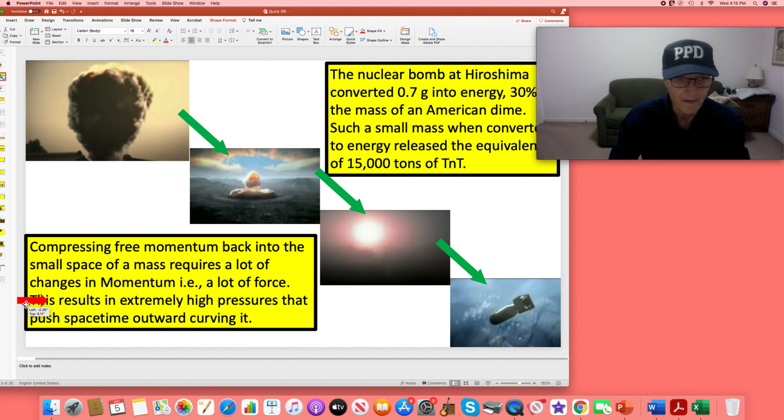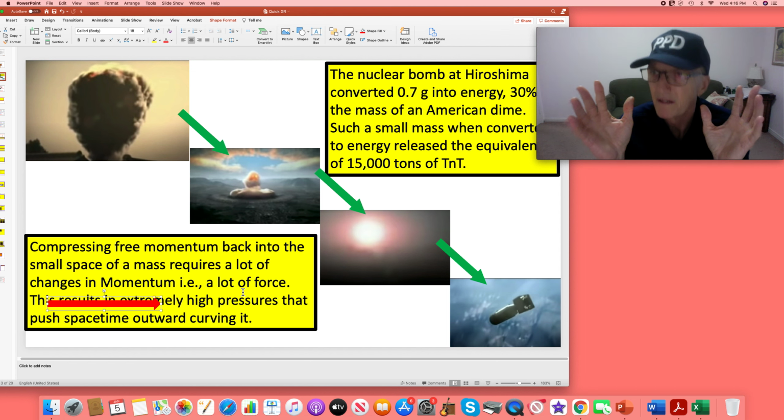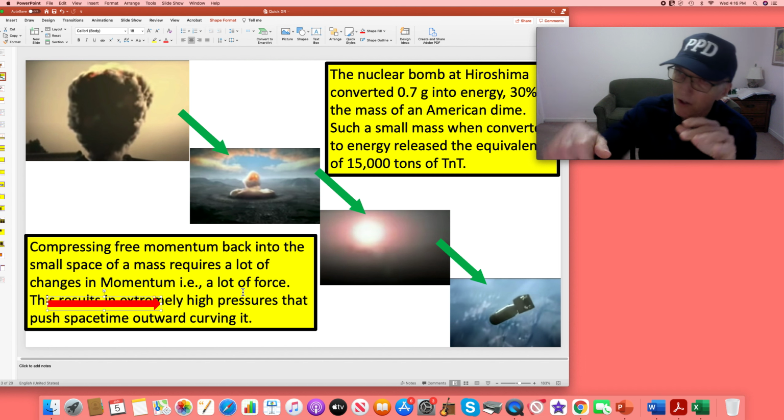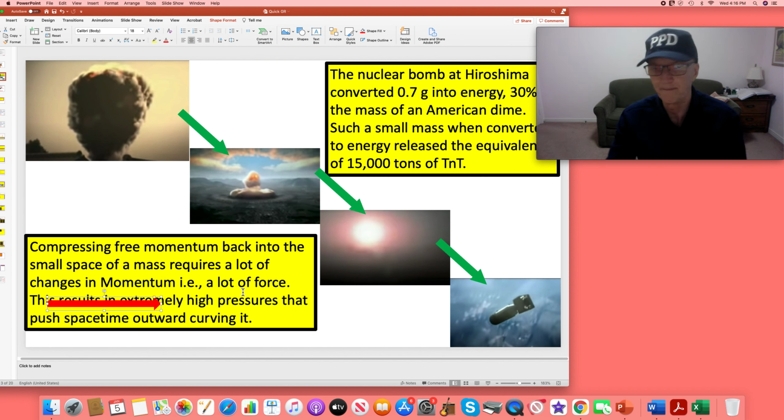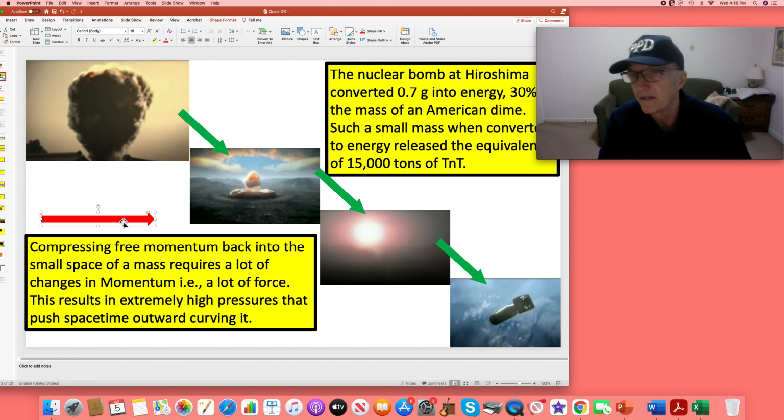So this force results in extremely high pressures. And as in any structure, the loads eventually work their way down to the substrate underneath. And for matter, for mass, the substrate is space-time itself.